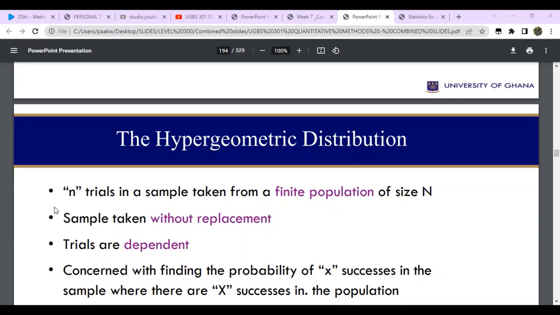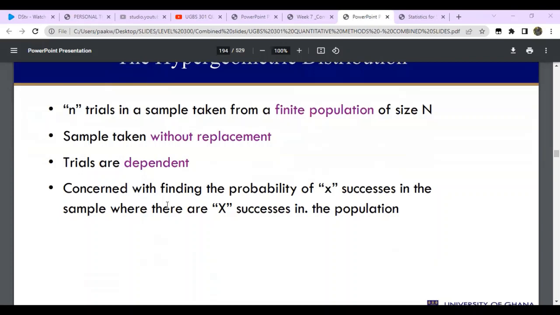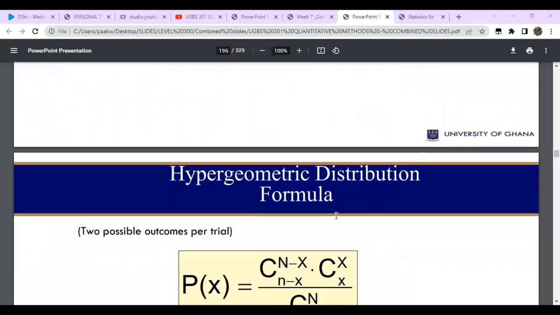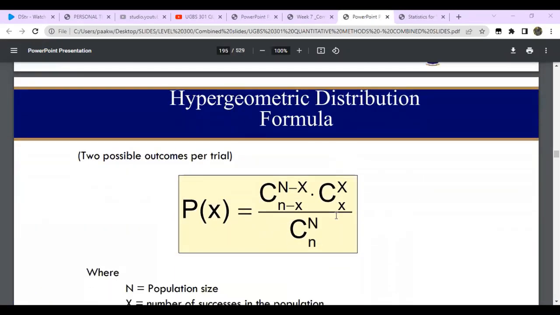Sample taken without replacement. Trials are dependent. So this one is not mutually exclusive. Concerned with finding the probability of x successes in the sample where there are capital X successes in the population.